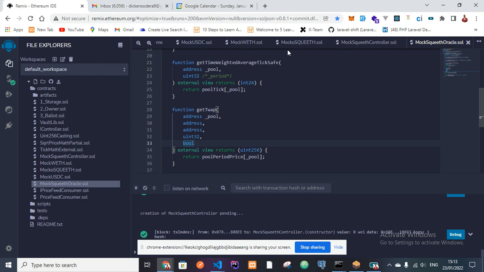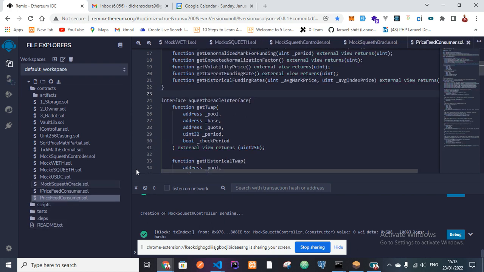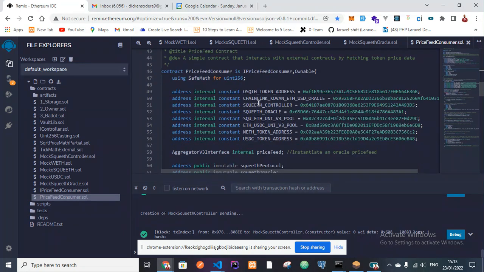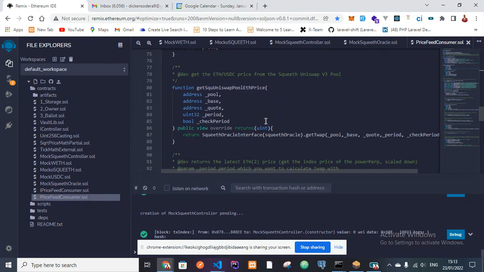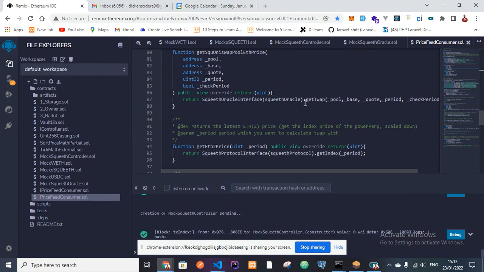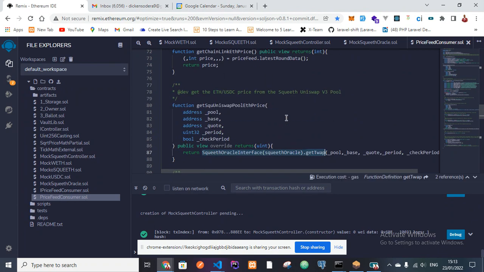So this is what we are going to use to get the different token combination prices, specifying the base price and the quote price.